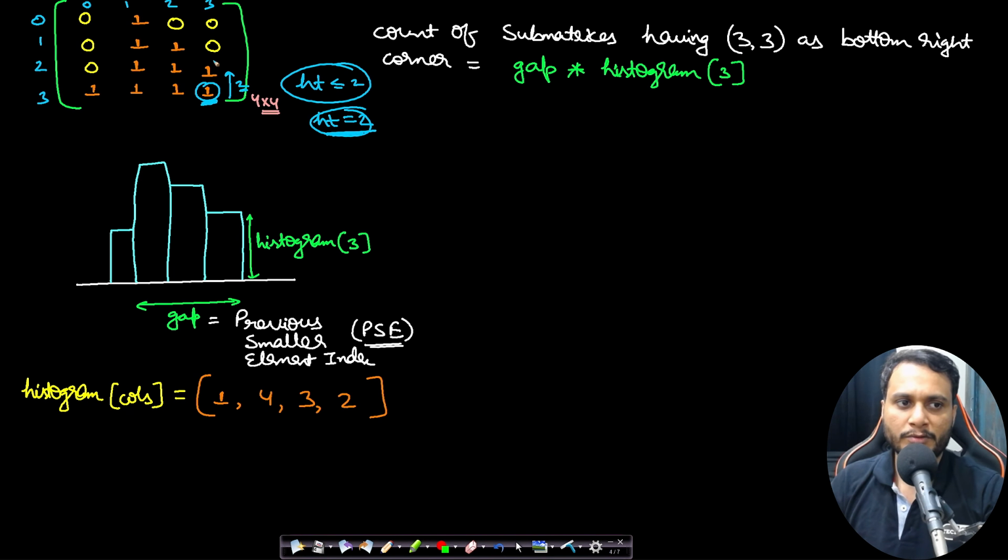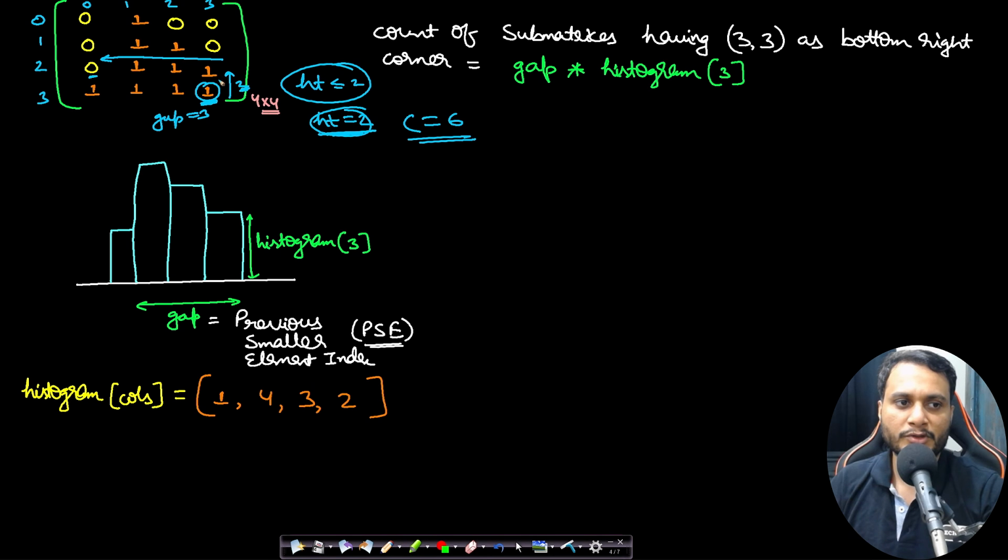To count for height equal to 2, we will create a slice, and this slice will keep on going until you see a 0. So this will be equal to your gap, and the gap is equal to 3 in this case. And what is the height? Height is equal to 2. So the number of submatrices ending at this 3, 3 as the bottom right corner will be equal to 6. The count is 6. But 6 is the count when I just consider height equal to 2.